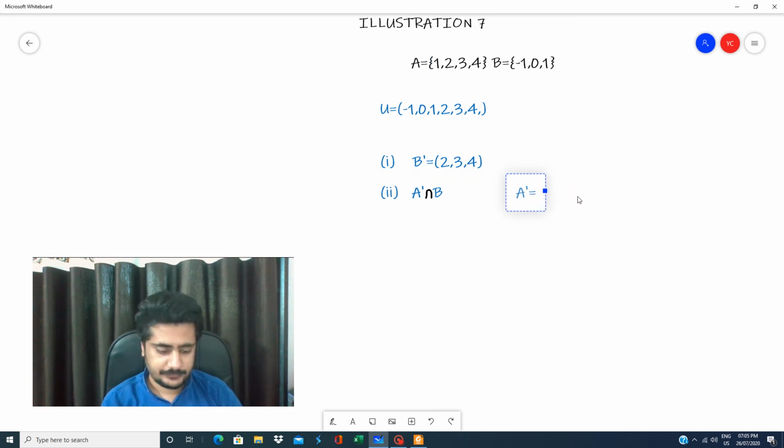What is A dash, other than A? A is 1, 2, 3, 4, so A dash should be minus 1 and 0. Then B. A dash is minus 1 and 0. What is B? B is given in the question: minus 1, 0 and 1.